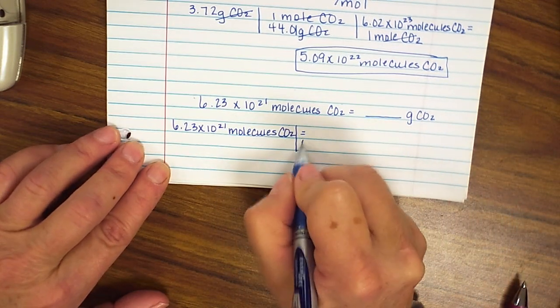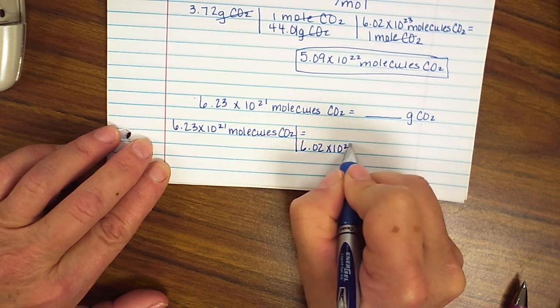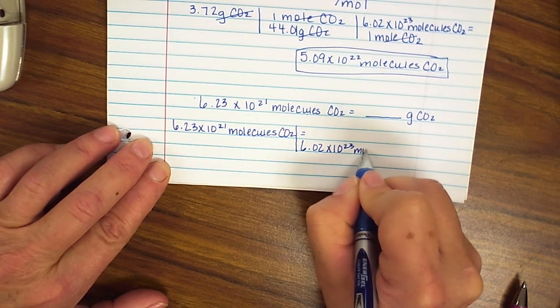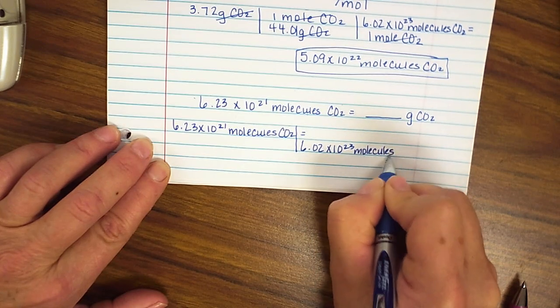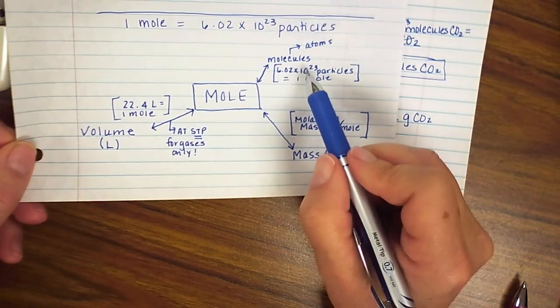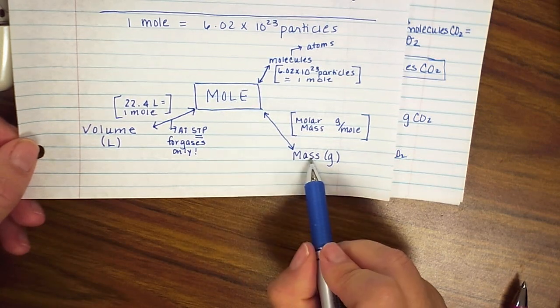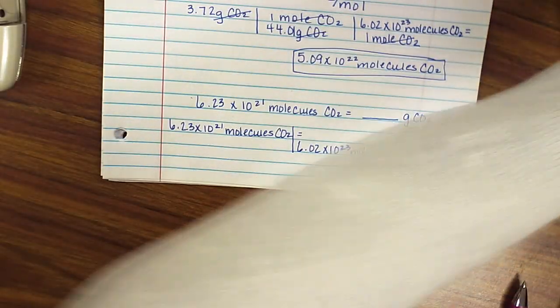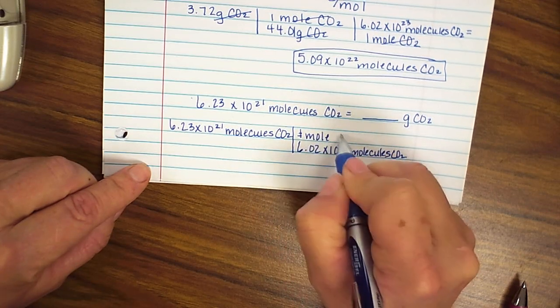How many? 6.02 times 10 to the 23rd molecules of CO2. I'm starting here, so I'm going to go from molecules to moles, and then from moles to grams. 1 mole of CO2.